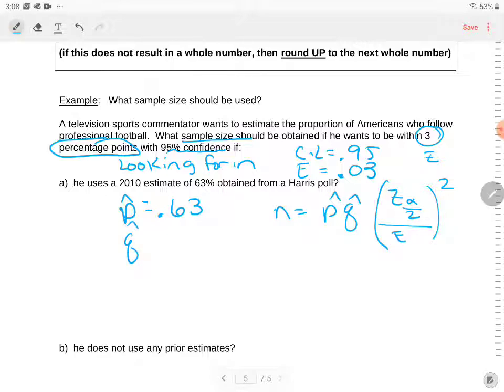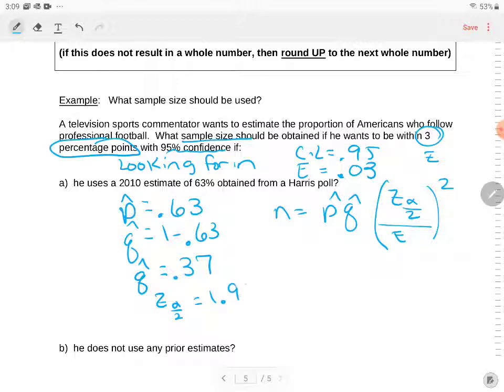Recall q hat is equal to 1 minus p hat, which is 0.63. So q hat is equal to 0.37. Okay, so we know from the previous page, or we can find it again, that for 95%, z alpha over 2 is 1.96.